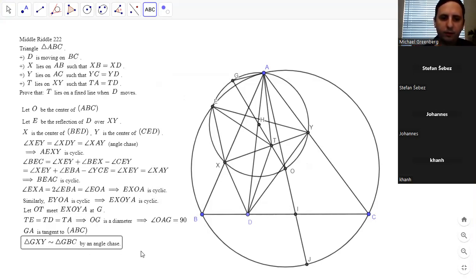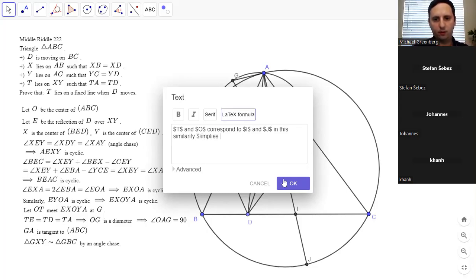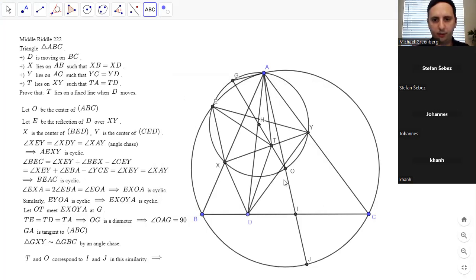T and O correspond to I and J in this similarity. And that means that GT over TO equals AI over IJ equals a constant.